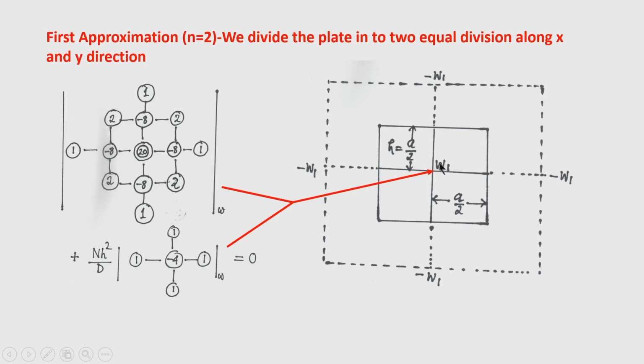The central node has deflection W 1, only one node has to be considered here. If you see the molecular form of the finite difference equation of the plate, 5 nodes have to be covered in the horizontal direction centrally and 5 nodes in the vertical direction centrally.